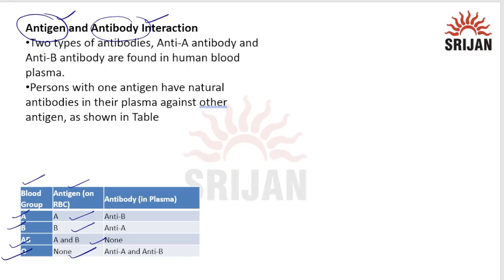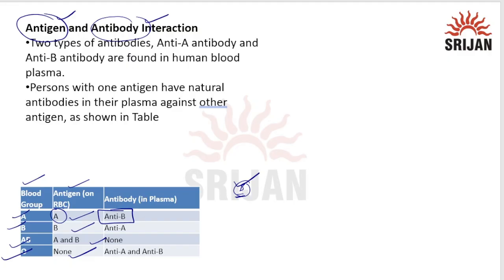Now, antibody means the body which is against the foreign body. If the antigen on RBC is A, the foreign thing for this blood group will be B. So for this B, we have something that will attack it. Therefore, that molecule, that gamma globulin, is named anti-B.